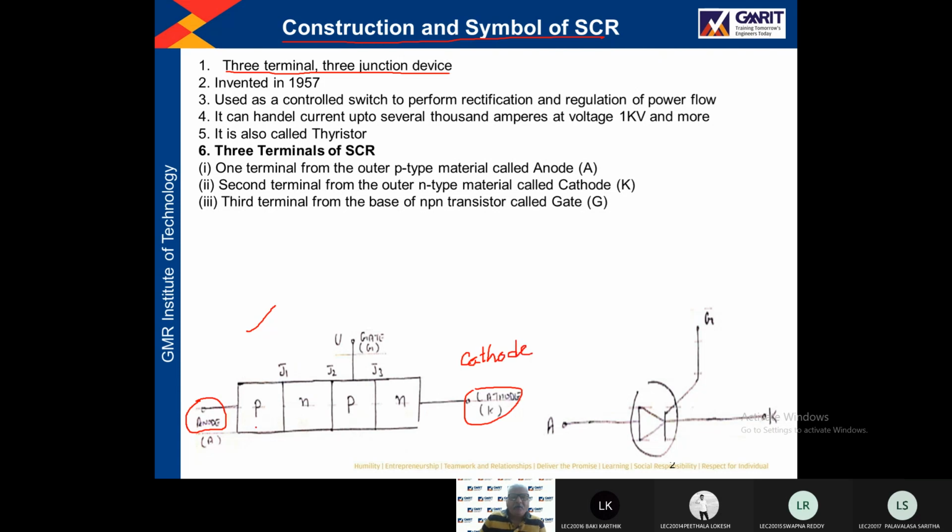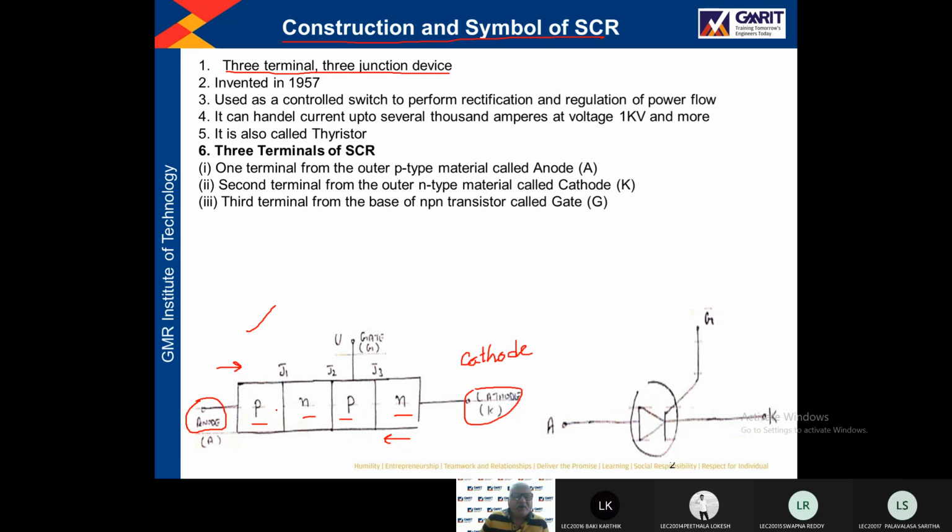And it is like PNPN. From this side, if you read, it is PNPN, or from this side, it is NPNP, right?